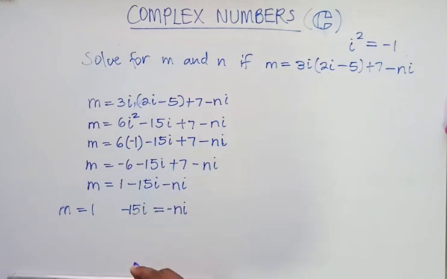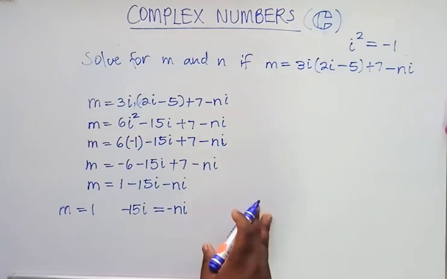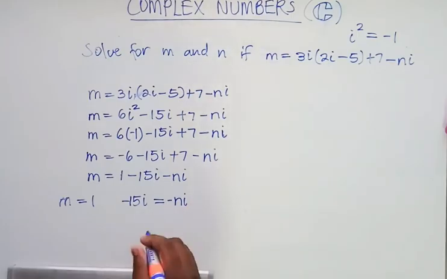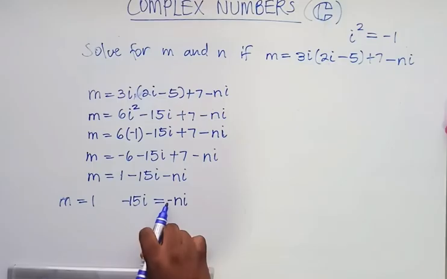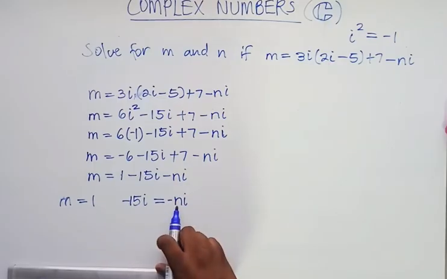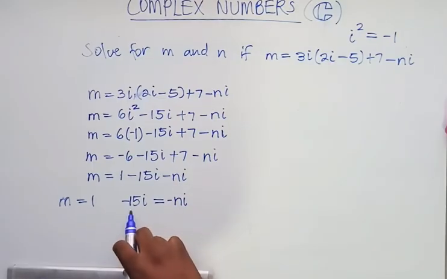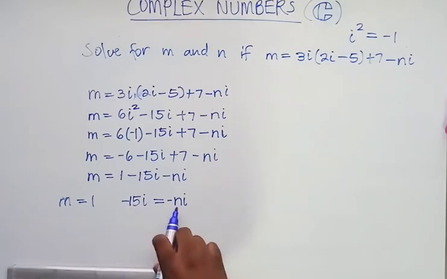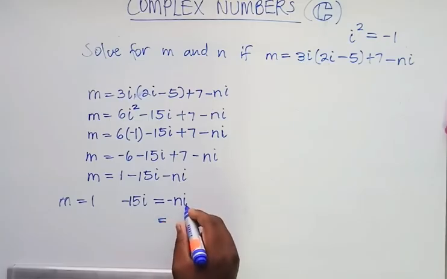And what is the next step? The next step is to solve here. The i and the i will cancel because they both have i's. So the i's will cancel. And if the i's cancel, the negatives can also cancel, because the aim is to get n. We are not solving for i, we are not solving for negative. We need to be left with n on one side. So the goal is to get rid of the negative and the i.